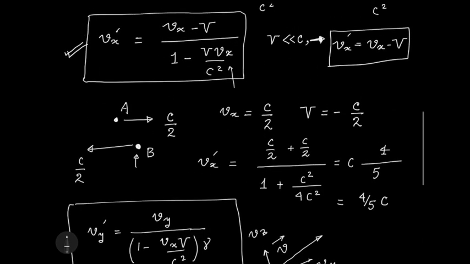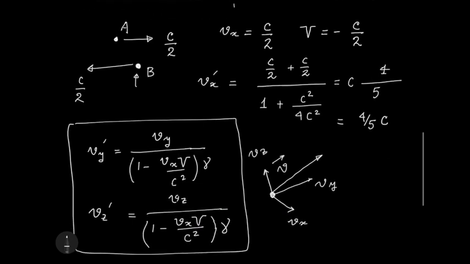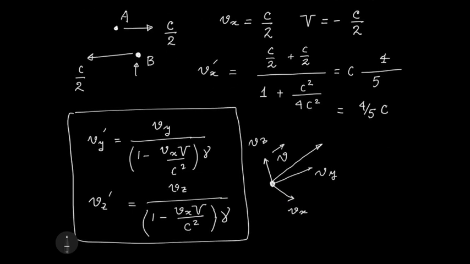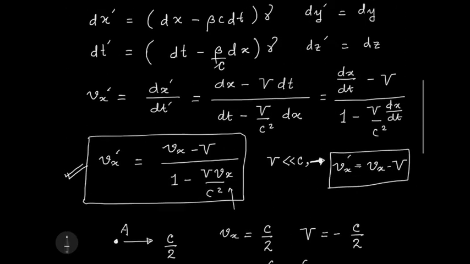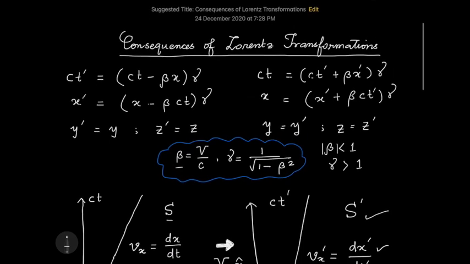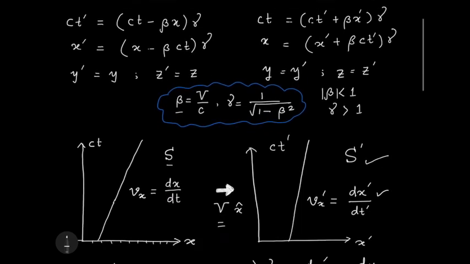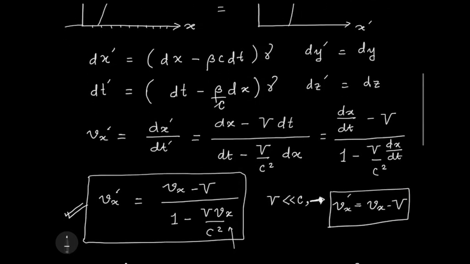And because the ratio of these components changes in case of a Lorentz transformation, it's not only that the value of the velocity will change, the direction of the velocity vector will also change. Okay, so this is one consequence we have learned already of the Lorentz transformation. It's the velocity addition. So let me write it here, velocity addition.